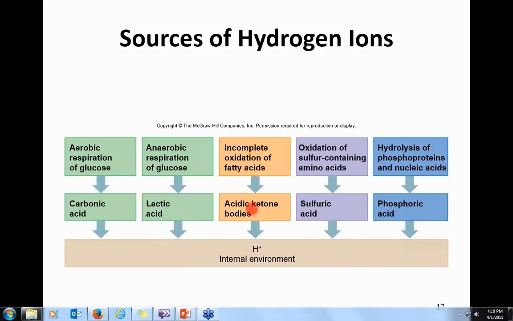Oxidation of fatty acids can release acidic ketone bodies. Oxidation of sulfur-containing amino acids can cause an increase in sulfuric acid. And hydrolysis of phosphates and nucleotides can lead to a buildup of phosphoric acid. All of that can cause an increase in the hydrogen ions in our internal environment.